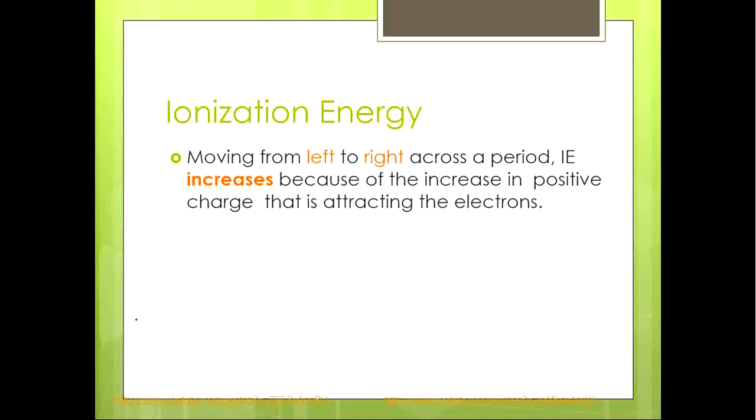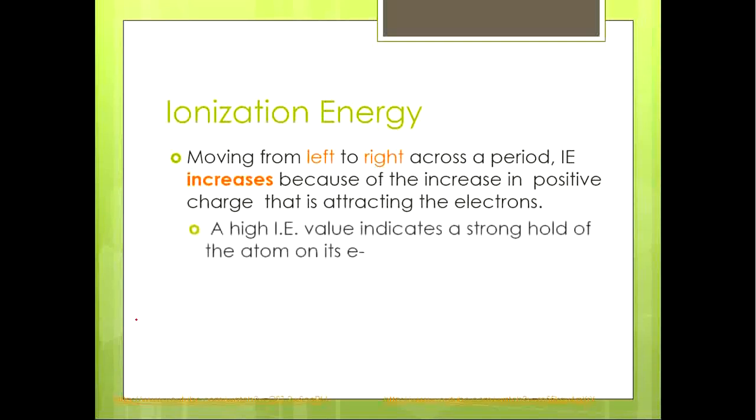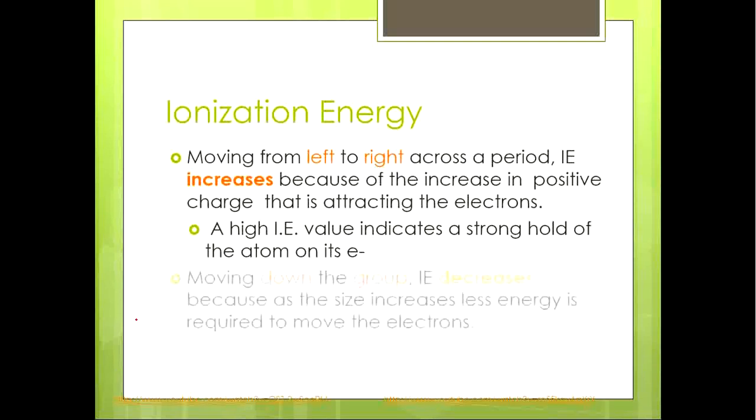So when this says that ionization energy increases, it means that the higher the value, the stronger the hold on its valence electrons. It doesn't want to let those electrons go. It's going to take a lot of energy to strip the electron from the atom.